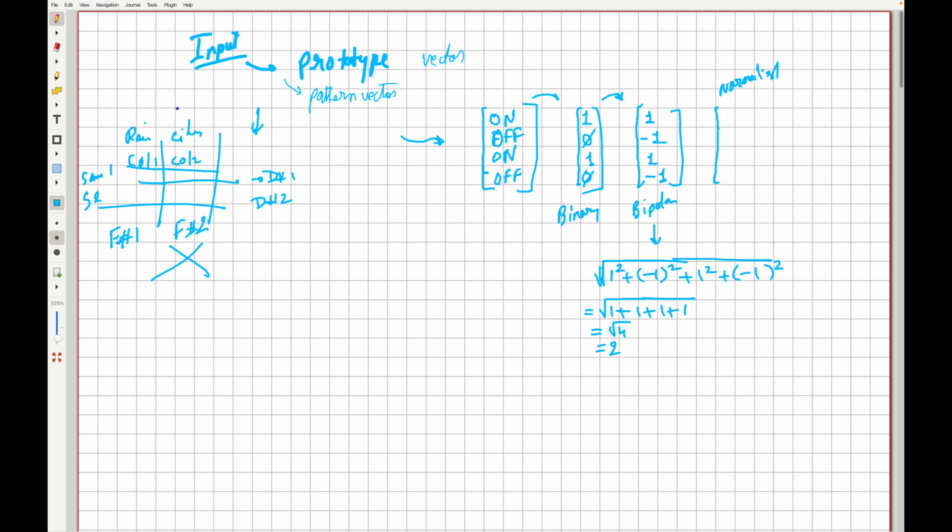So when we normalize this, we divide each of these by 2, and what we get is an input vector, prototype vector or pattern vector that looks something like this: +0.5, -0.5. Although it does not say 1 or 0 or -1, this still is a pattern that is pretty easy to understand. This could be thought of as on, this could be thought of as off, and so on.